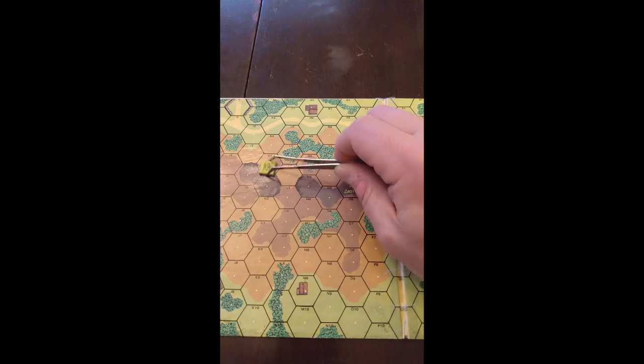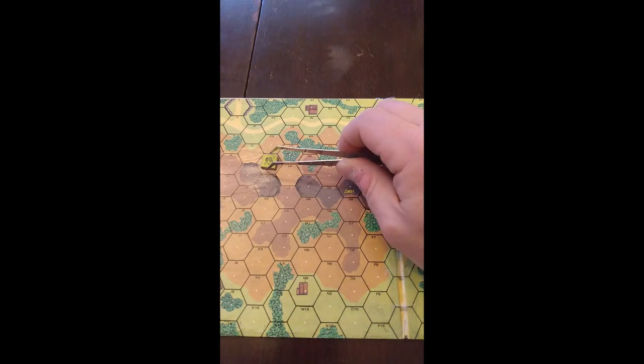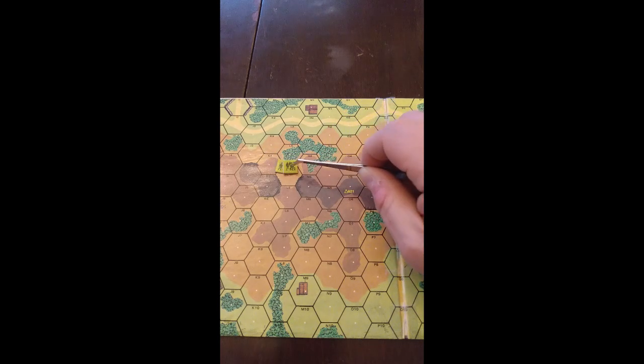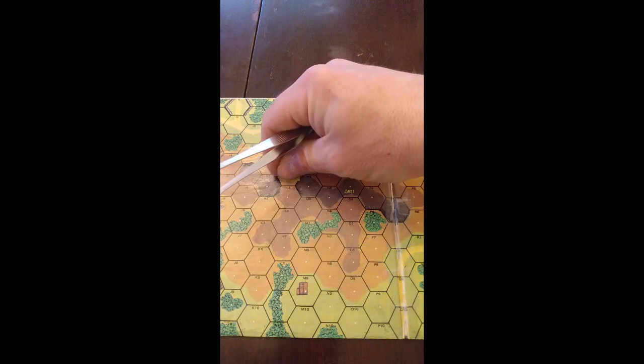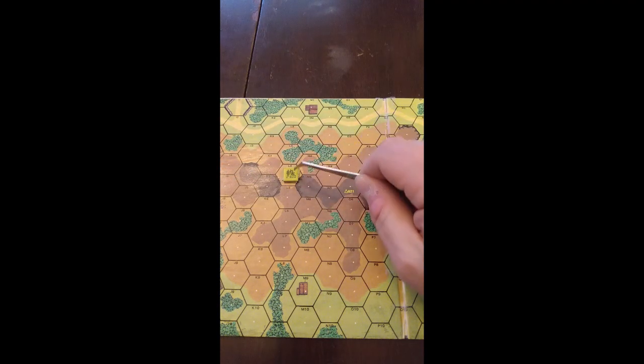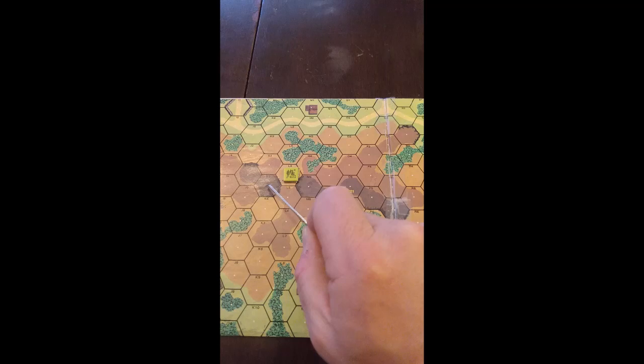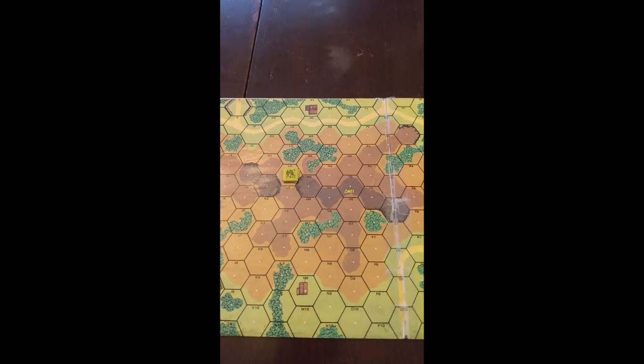We go 1 hex to K4, and it's a single movement factor because we're going downhill. 1 more hex for entering L4, because we are also going downhill again. Remember that we couldn't go straight from K5 to L4 because of this cliff over here.